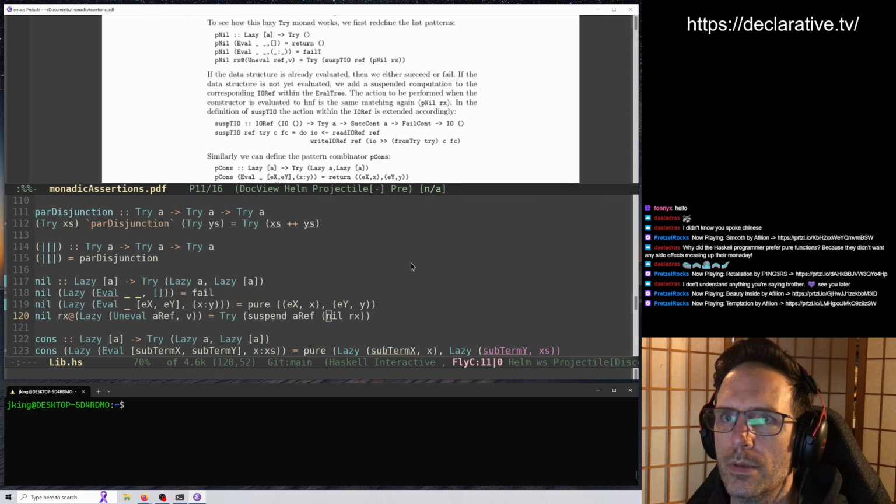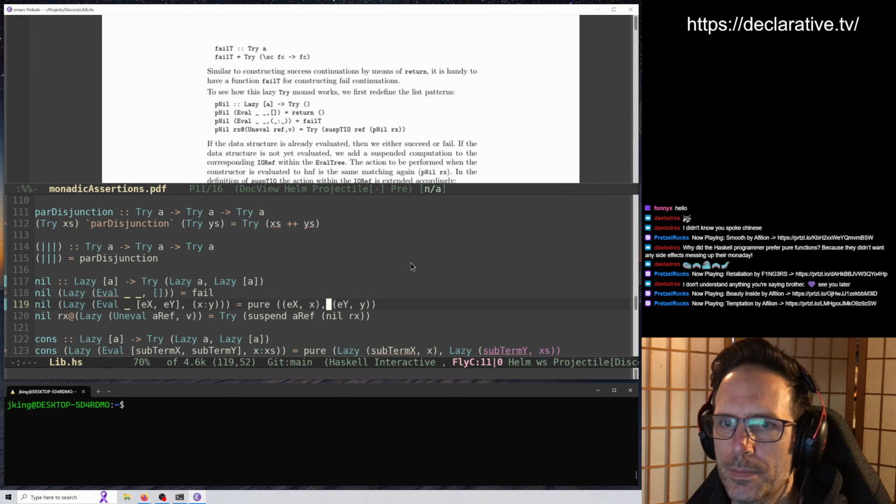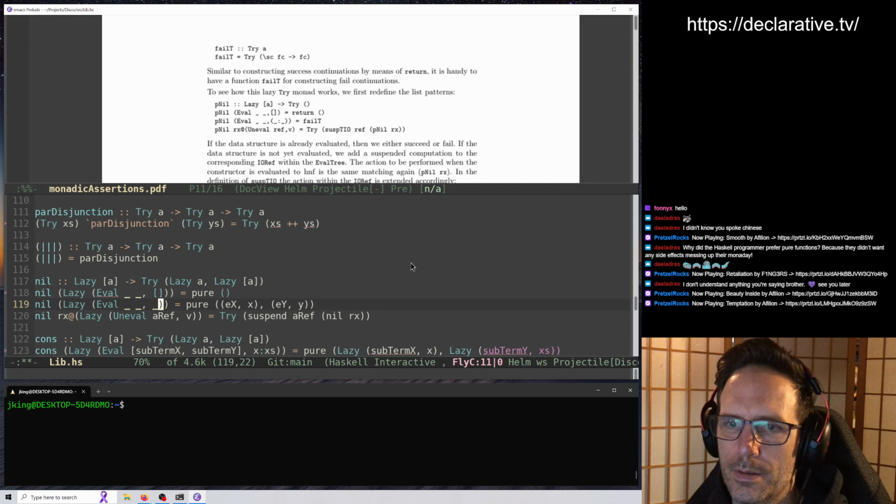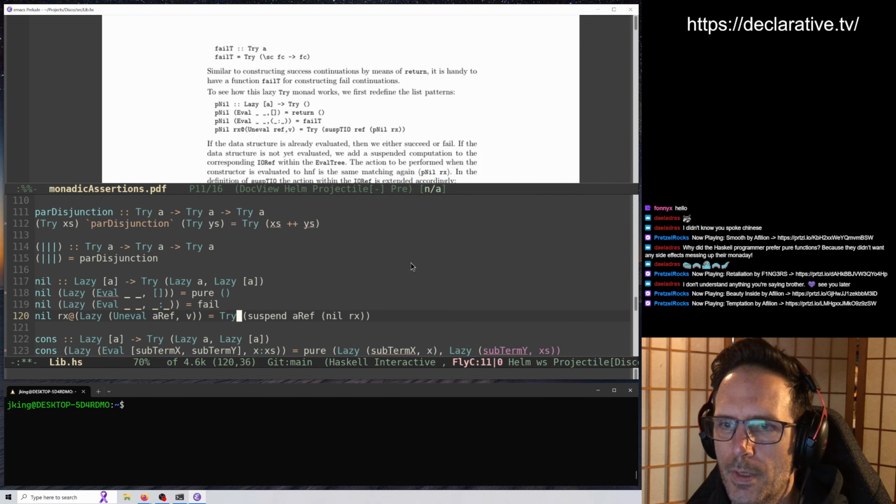I was looking at the wrong one. That should be pure unit. Okay, so they want this to be like this. I guess we already had that, didn't we? Okay, try suspend aref nil rx.